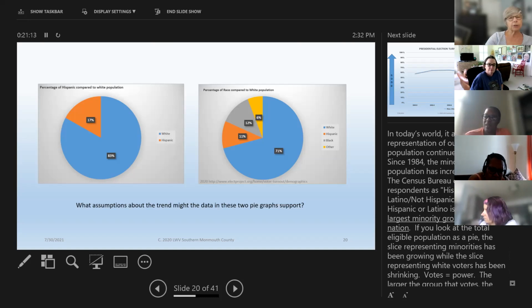This was 2013, right? Yep. In 2013, the white percentage of the population that was voting was 83%, and minorities only represented 17%. In this last election, only 71% of the population was white, and the rest was minority. So the minority vote is definitely growing.